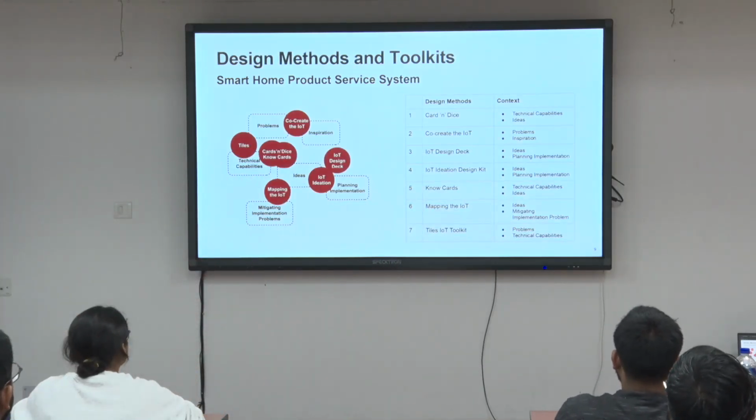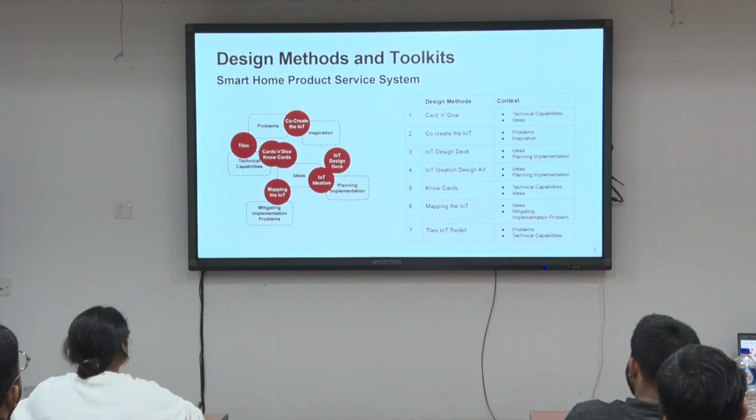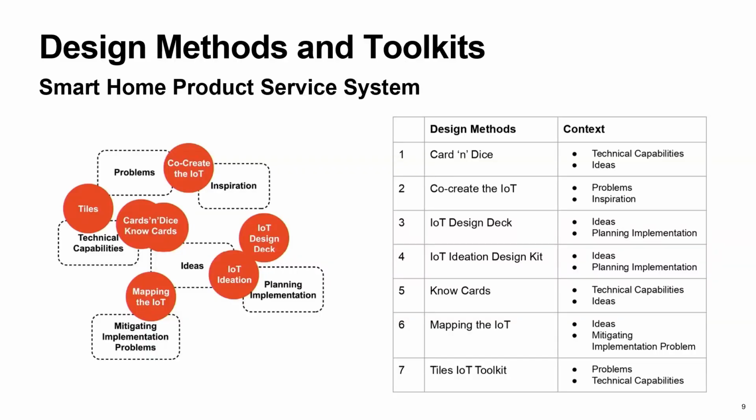From our research we identified 7 different toolkits being used in industry. The organizations who are into PSS design tend to use these 7 tools, and most of these tools are card based tools.